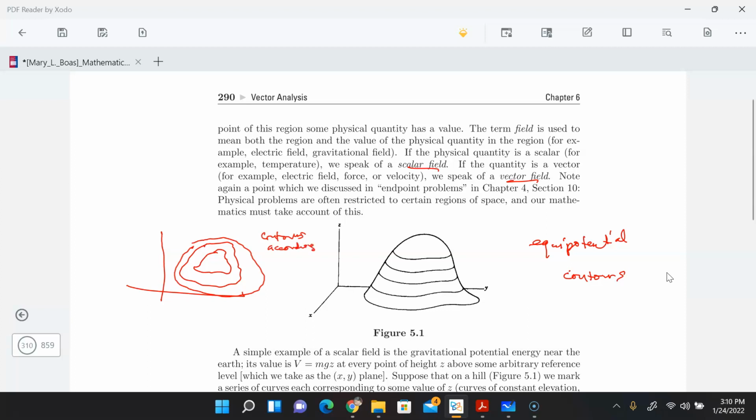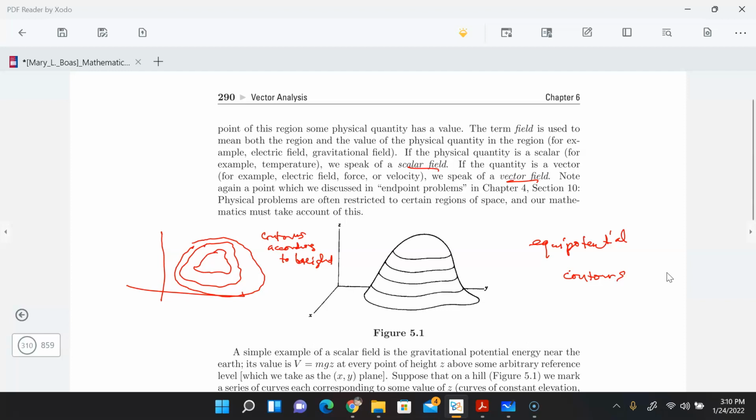And one of the things that we know, if you do hill climbing, you would like to find the easiest way to climb the hill, right? According to height. So in which direction will you find the easiest way to climb the hill?